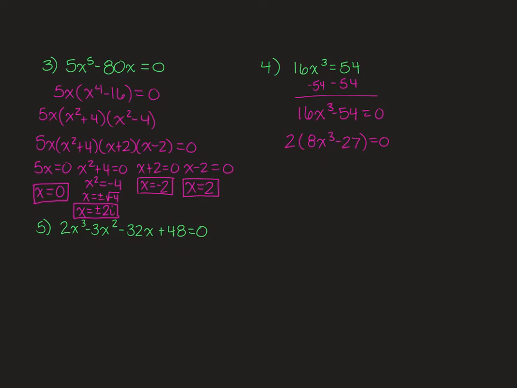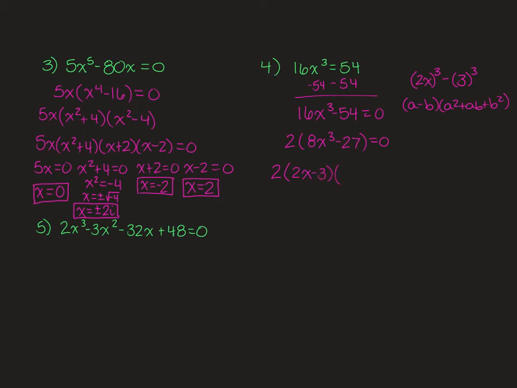Now 8x cubed minus 27, that is a difference of cubes. So it can be rewritten as 2x cubed minus 3 cubed. So you plug it into your formula for difference of cubes, which is a minus b, a squared plus ab plus b squared. So here we're going to have 2x minus 3.